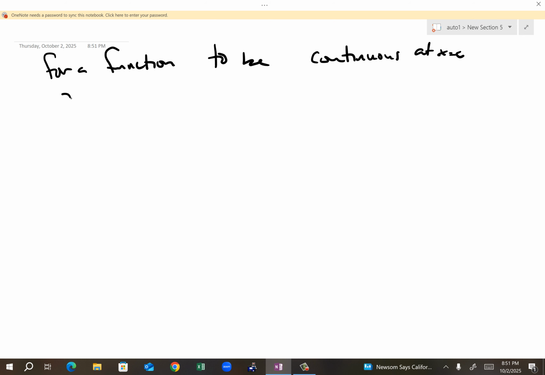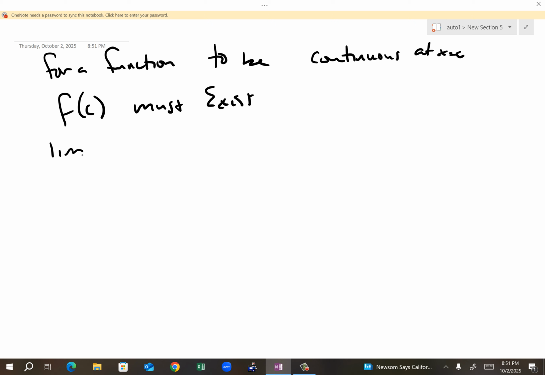So continuity, yes, we say something is continuous at the point. What did we talk about that? So we said that for a function to be continuous at x equals c, first of all, f of c must exist.